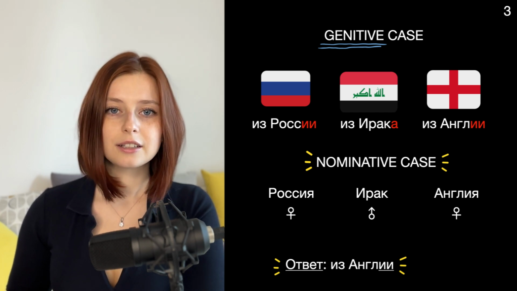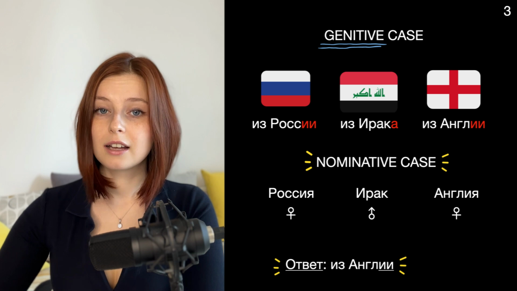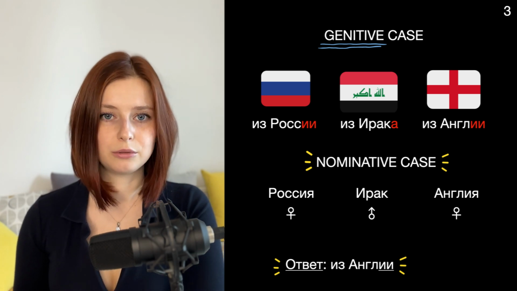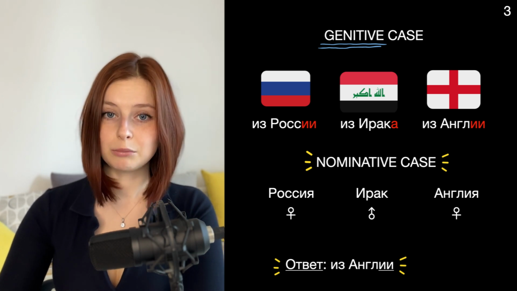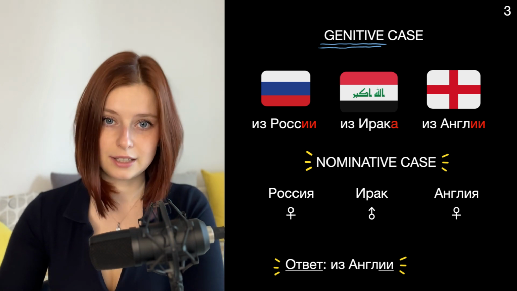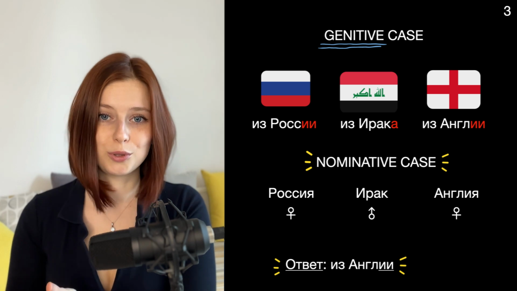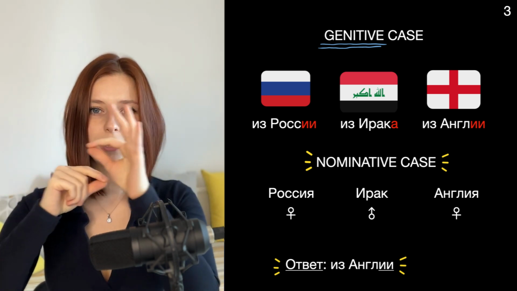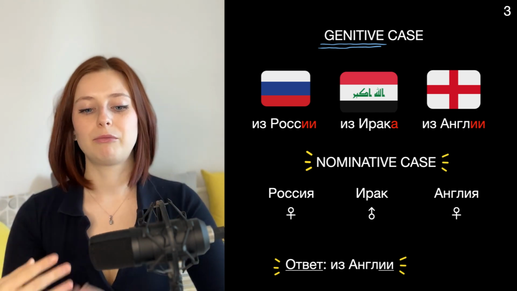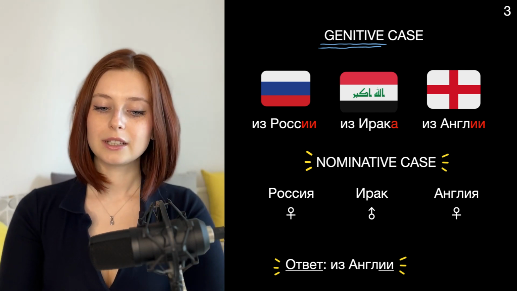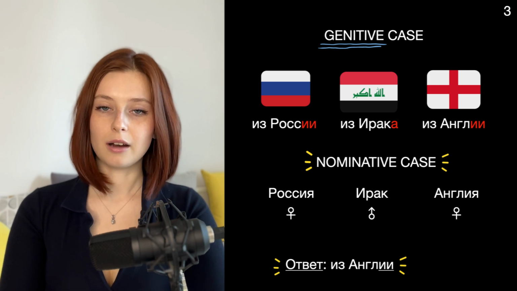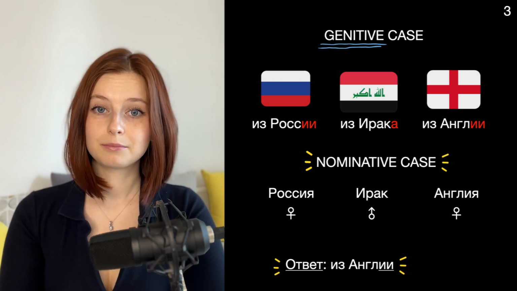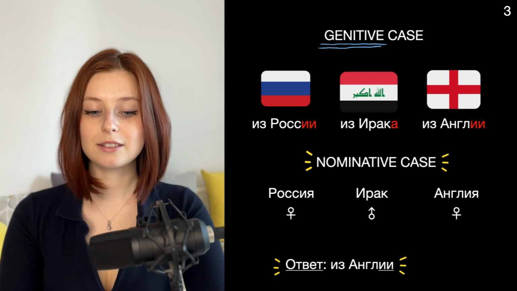Я из Ирака. Now, Iraq is a masculine noun. You know that because you watched this video. If you haven't, you might want to watch it because then all the dots will finally connect and you will see what I'm talking about. So in this case, we add а to the word Iraq. That's genitive case.